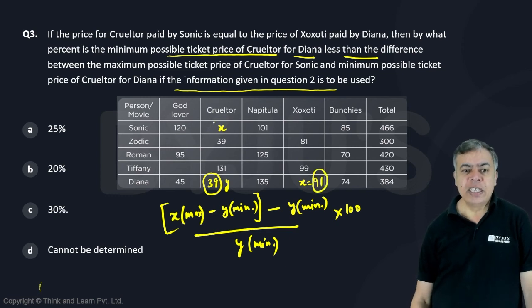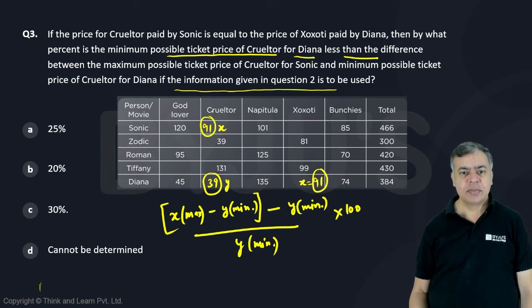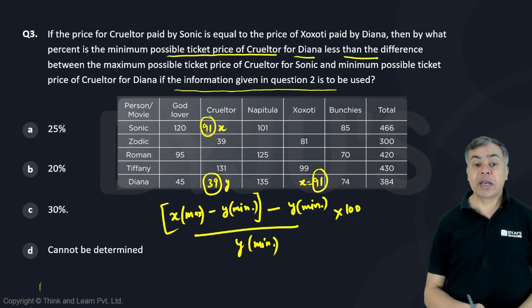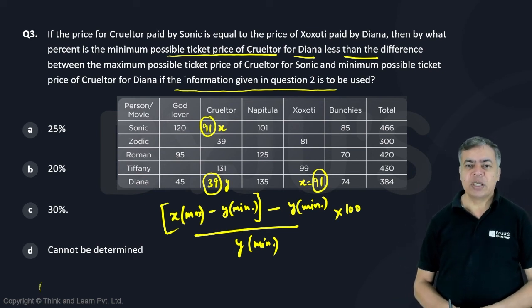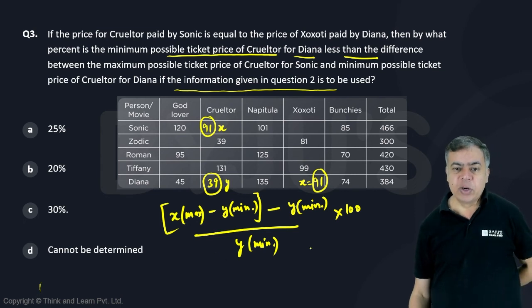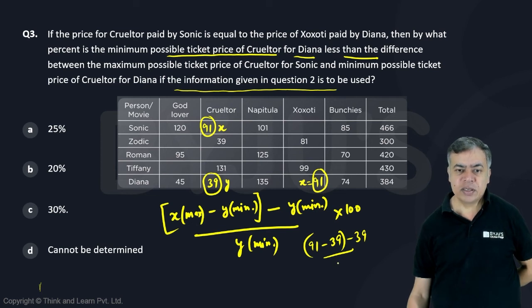If this is 91, this will be X maximum only, because when Y becomes minimum, X will become maximum here. So that means my answer would be 91 minus 39, divided by 39, sorry, 52.